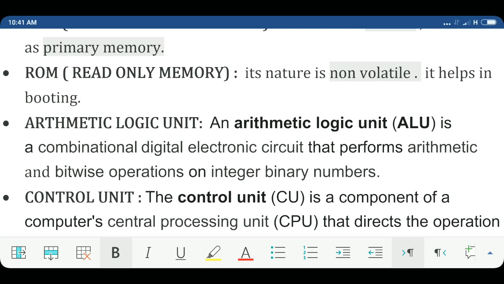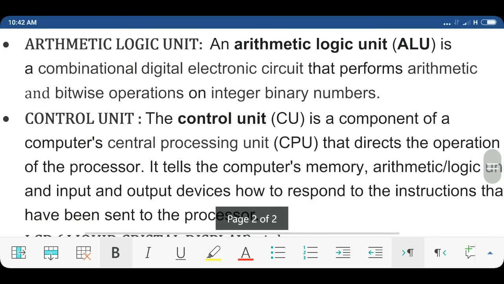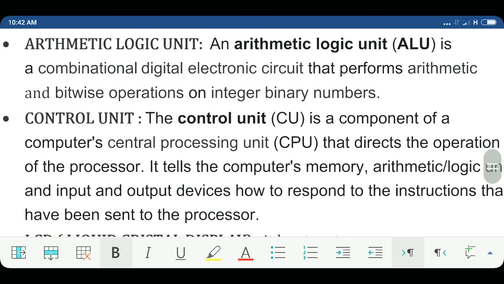There are three things that are parts of the CPU: ALU, CU and MU. It is a component of the computer's central processing unit that directs the operation of the processor. It tells the computer's memory, arithmetic logical unit and input and output devices how to respond to the instructions that have been sent to the processor.